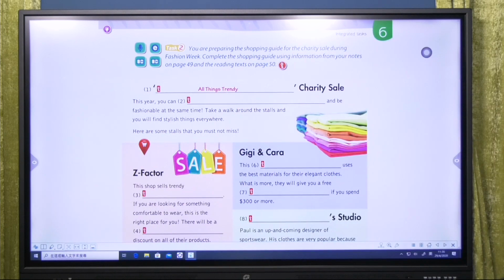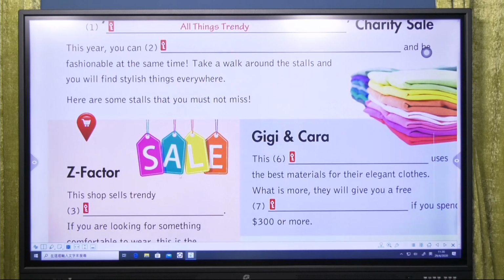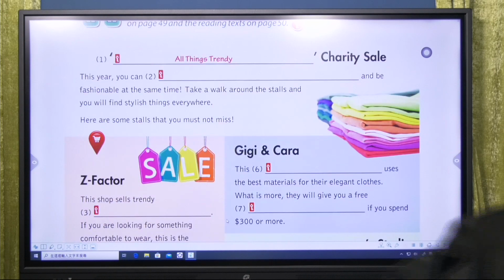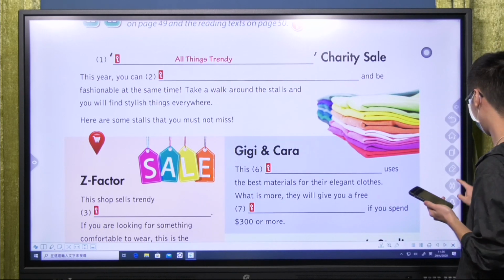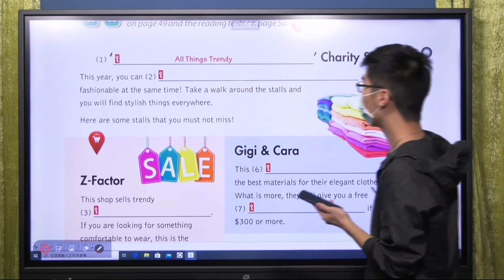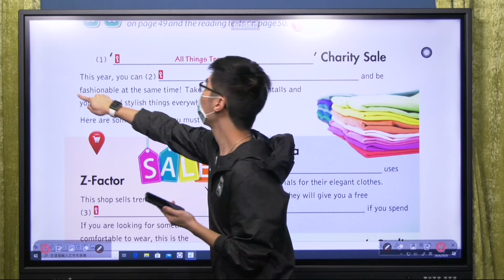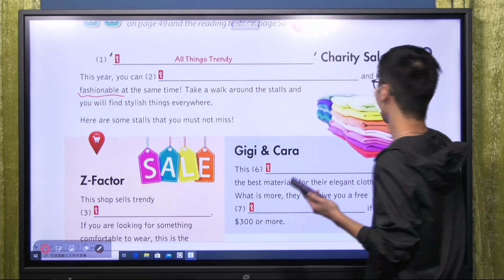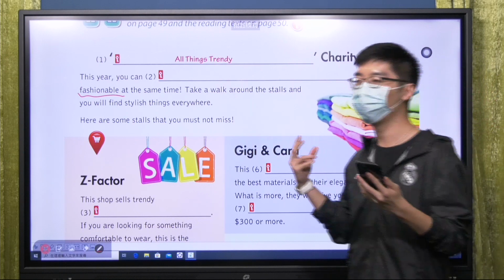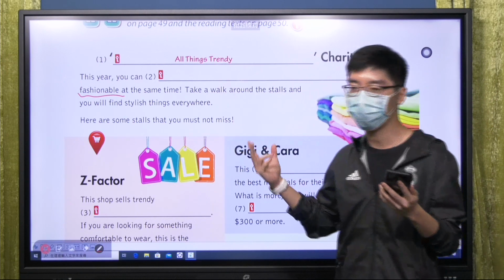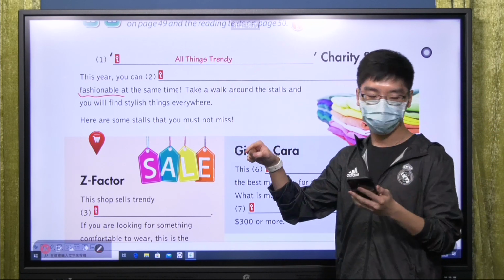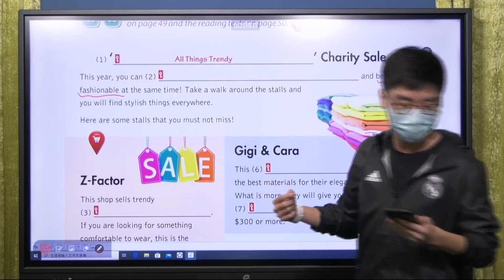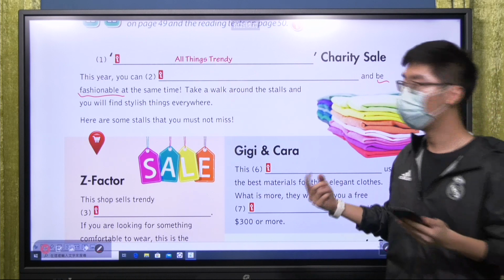Be fashionable. So you can also find the related information in the data file part 1, that means the email that Chris Wong sent to Paul Ho.